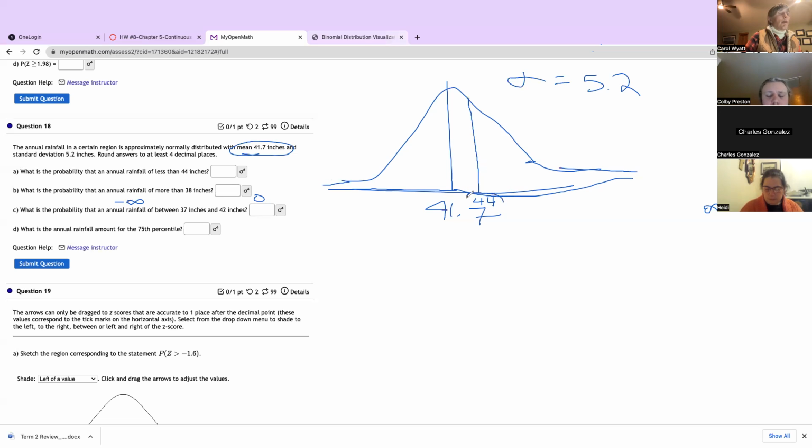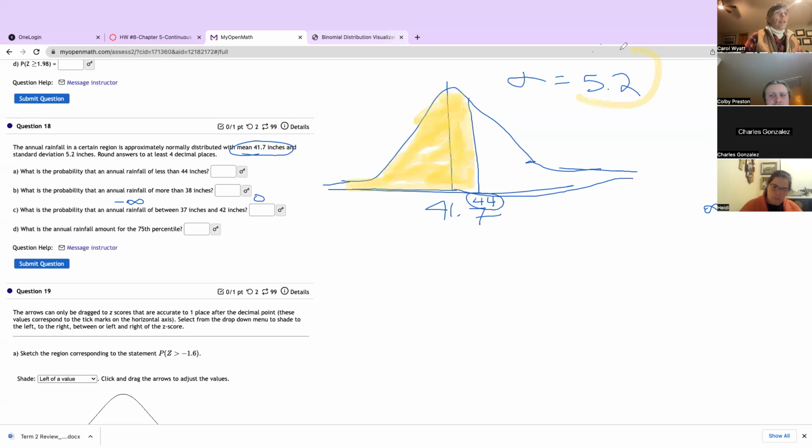We want to know the probability of getting this or less. So we're looking for this area right in here, all of this area, 44 or less. Just by looking at this, I know it's going to be more than 50% because I have more than half of this curve shaded.